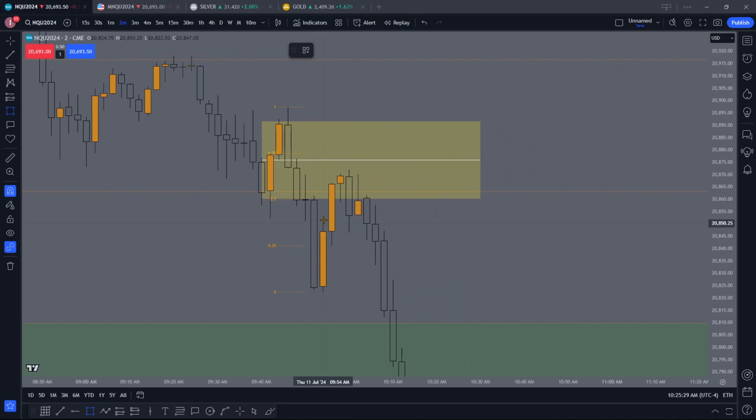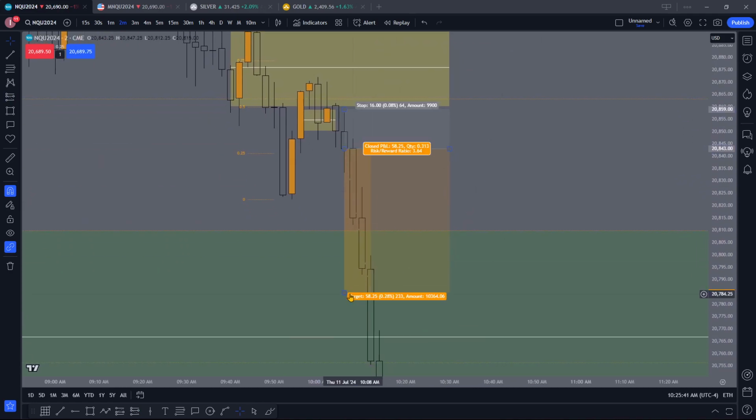This inversion here actually would not have been bad at all to take. Look at the strange low. That would have been nice.